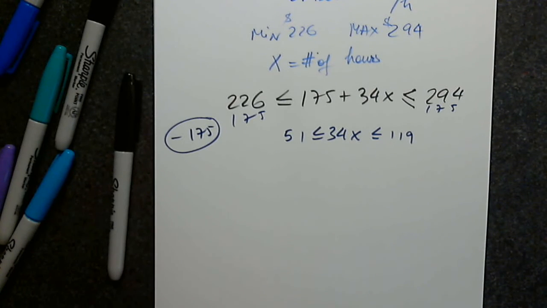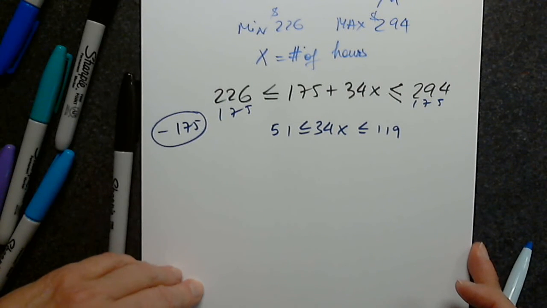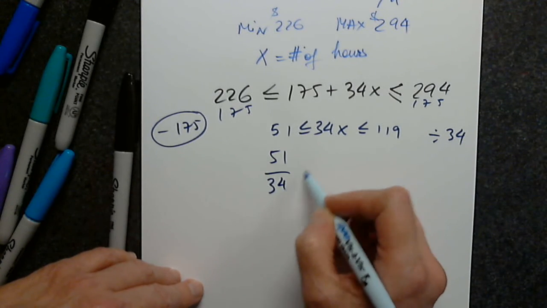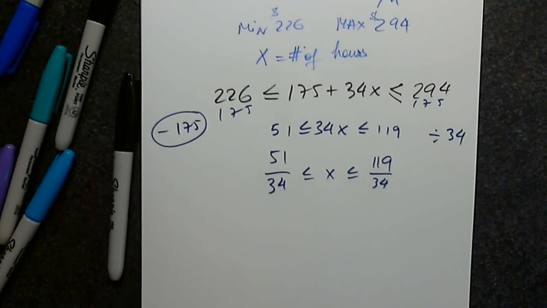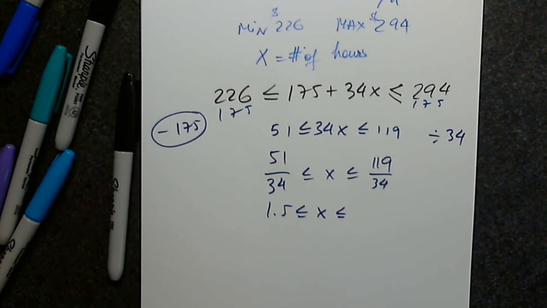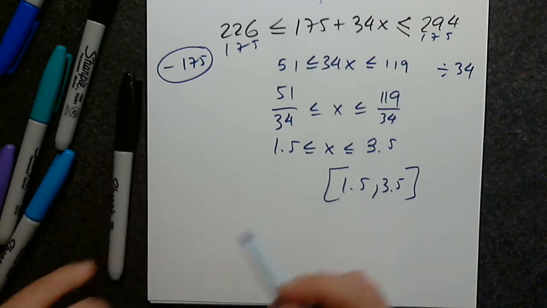In the last step, we divide everything by 34. 51 over 34, x, 119 over 34. I perform my calculations. 51 divided by 34 is an hour and a half. And 119 divided by 34 is 3 hours and a half. Yes, I can write this in interval notation, 1.5, comma 3.5.